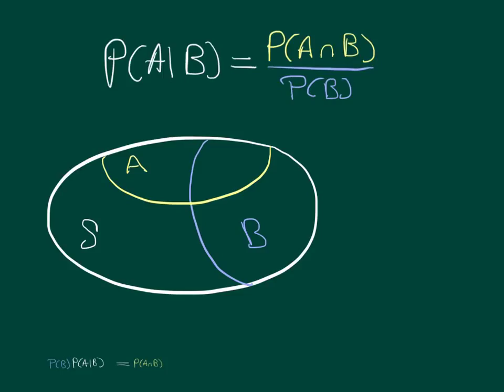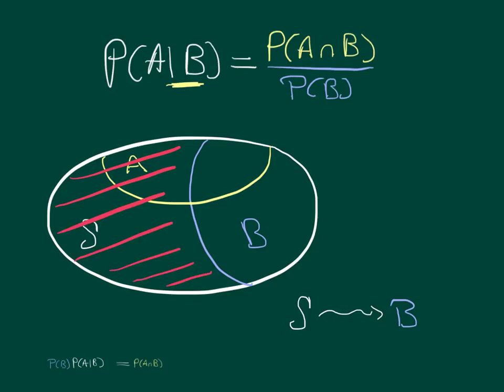So the given information that event B has actually occurred changes our sample space from S to the new sample space B. And because of that, we want to ignore all the possibilities that occur outside of B. So now if we're thinking about a probability, sort of the chance of a particular event happening given the chance of anything happening, in our case this would be the probability of the intersection of A and B. And then since our new sample space is B, this is kind of like dividing by the total.